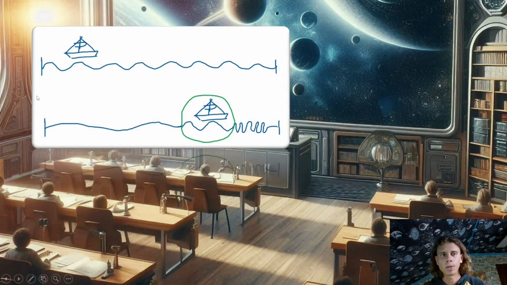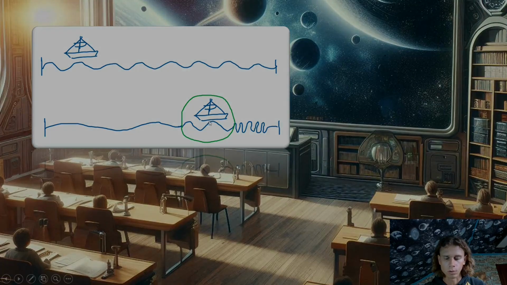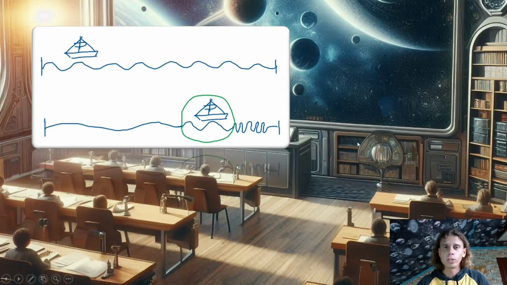We expand space behind the ship and contract space in front of the ship, leaving a stable bubble around our ship. And so the space in this bubble hasn't been warped, as you can see on this cartoon. And what is cool about this idea is that we can travel faster than the speed of light.